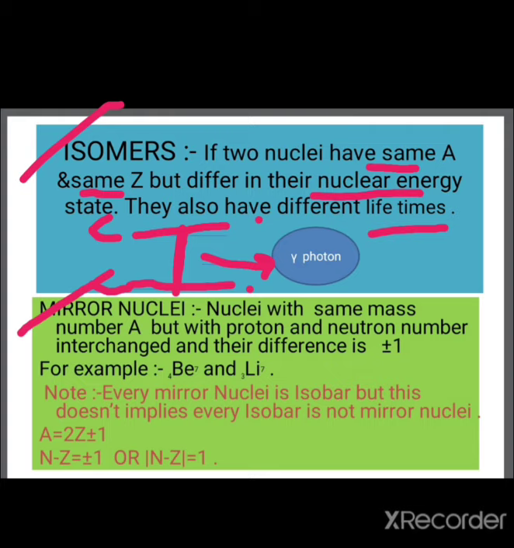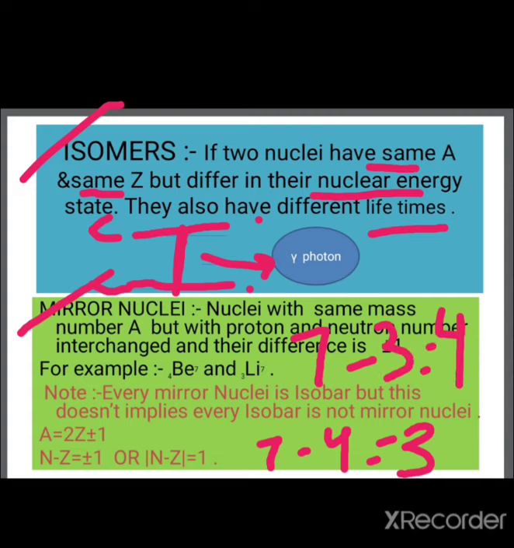To find the neutrons, in the case of beryllium 7 minus 4 is equal to 3, and in the case of lithium 7 minus 3 is equal to 4, and as written here, their difference must be plus minus 1. If I subtract 4 minus 3, that is equal to plus 1. So those are mirror nuclei.